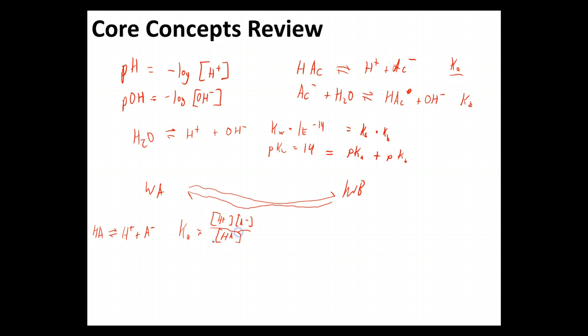And of course water can be drawn in that expression. We could have had that written as HA plus H2O liquid. And of course the liquid doesn't end up appearing in our equilibrium constant. Then we have to make sure that we do our balanced equation with H3O+ and A-.